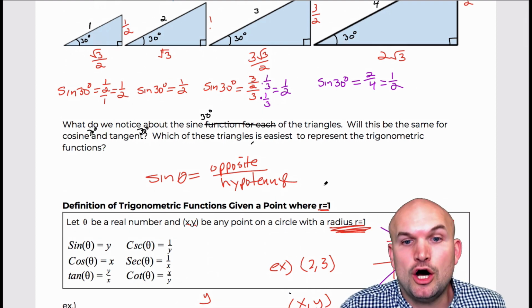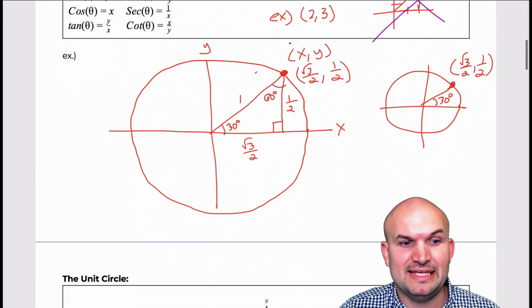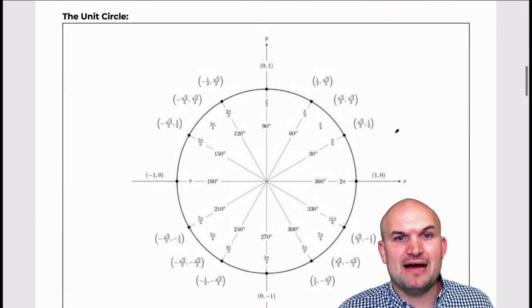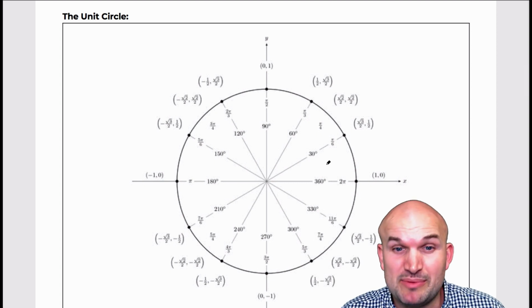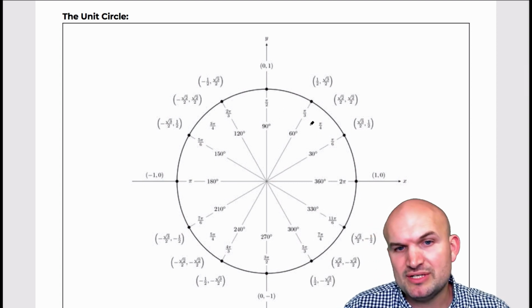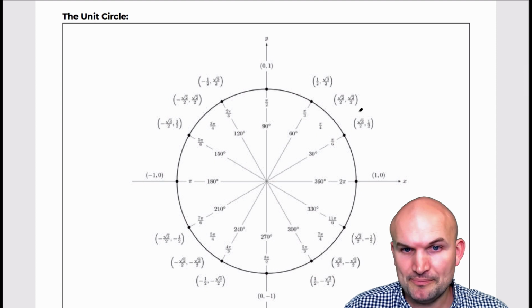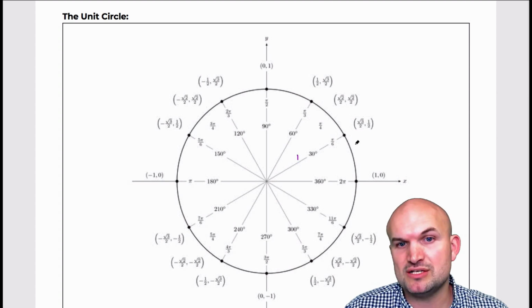And this is basically all summarized in the unit circle. And now, obviously, this is just a graph representation of the unit circle, and I'm going to break this down further. But what you can see here is the unit circle basically has a radius of 1.